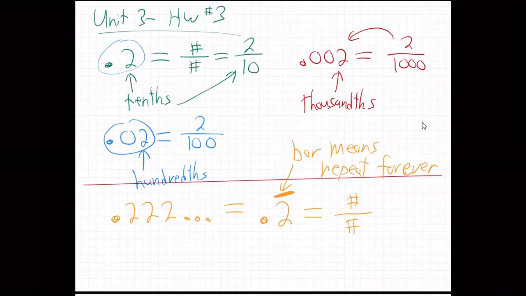Do you want to just guess around? Can you try dividing by different things to see if you can get 0.2's forever? Anybody got a guess? Just try taking your calculator, just try dividing by different fractions. See what you can get. You know if you have an idea.